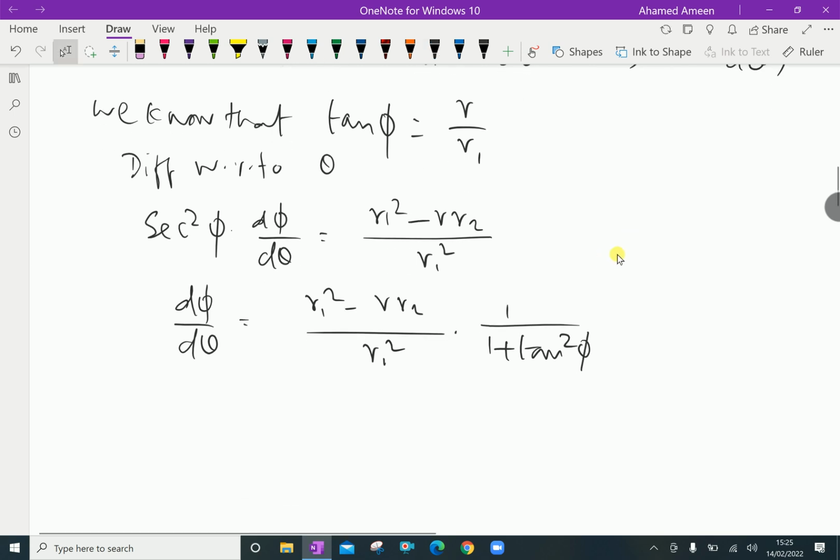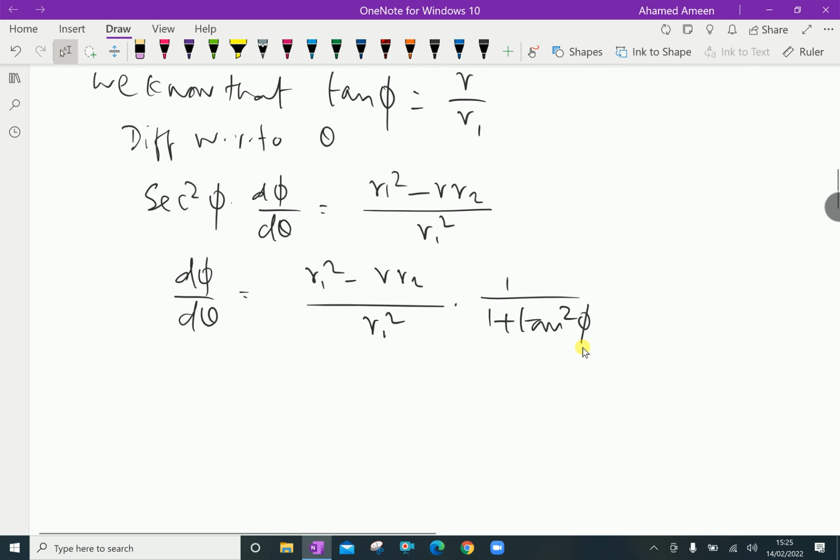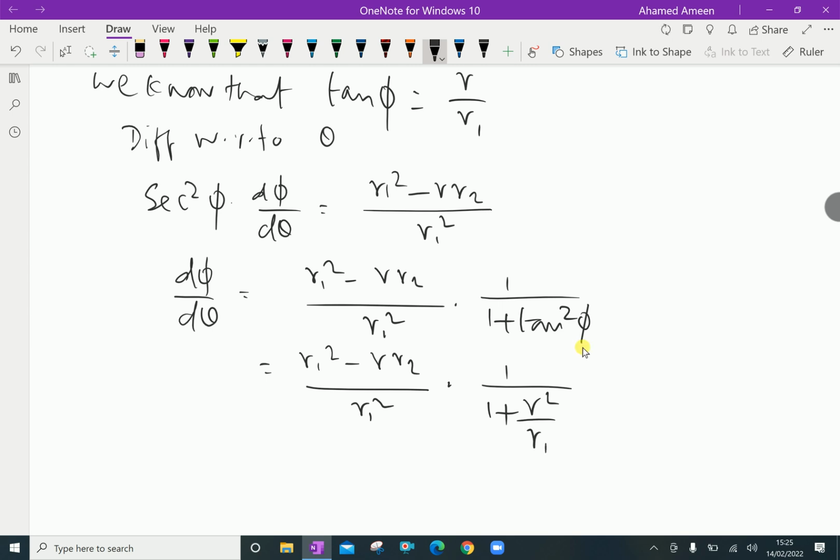Now for further simplification, it is equal to (r1 squared minus r r2) over r1 squared into 1 over 1 plus r squared over r1 squared.